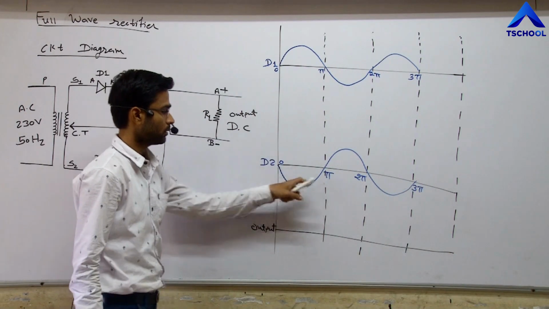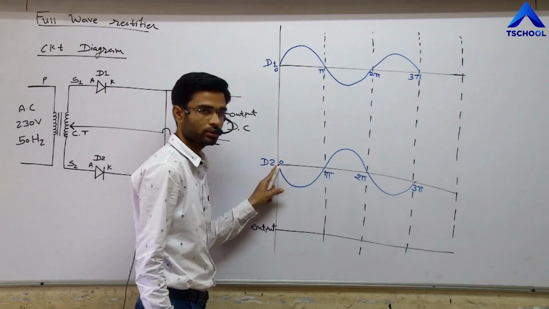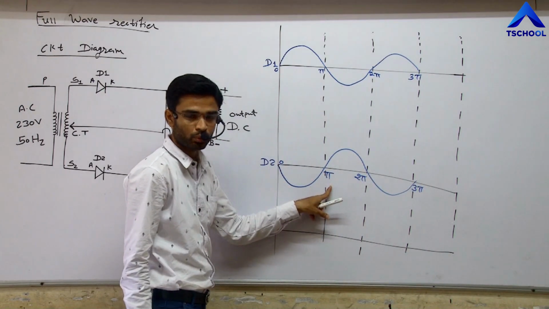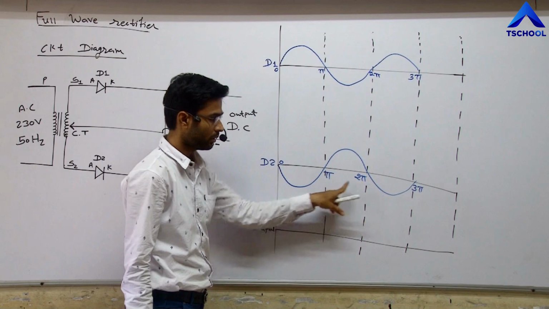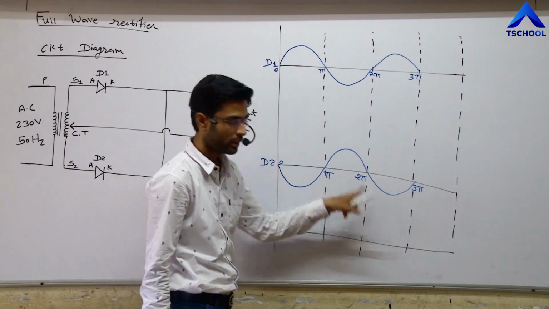0 degree or 0 radian, 180 degree or pi radian, 360 degree or 2 pi radian.